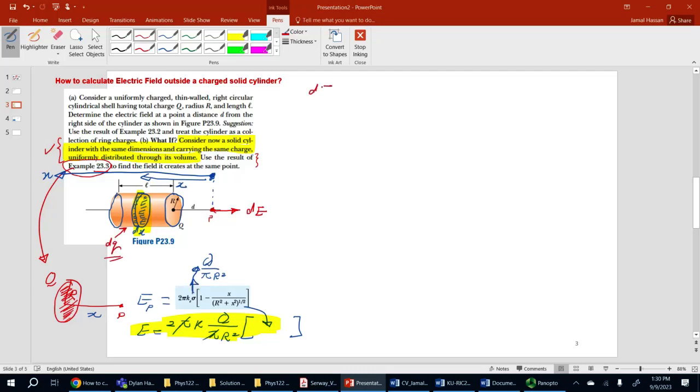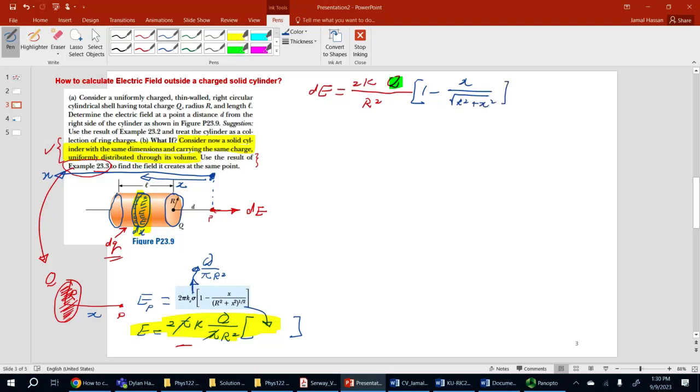So dE is simply equal to 2K multiplied by Q divided by R squared. But we're going to make some change in that Q. Multiply by the term x divided by square root, I'm going to write it as the square root of R squared plus x squared, and then close the bracket.